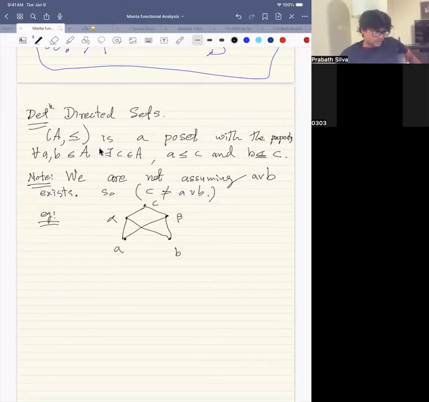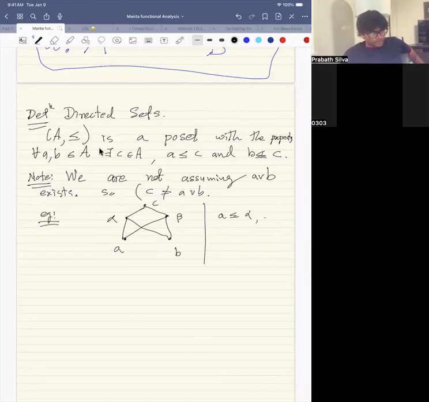The setup is like this: this picture means that stuff above is bigger than stuff below. So here a is less than or equal to alpha and so on.